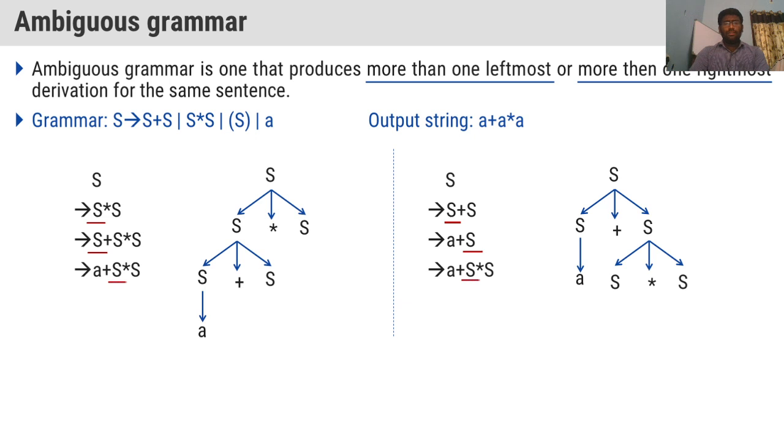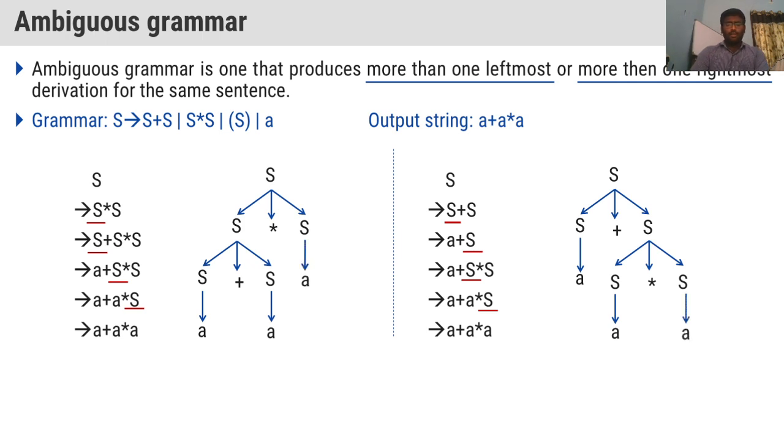We need to derive still. So again in the leftmost non-terminal I am replacing with small a in LMD1, and in LMD2 also I am replacing with small a. And again we replace the leftmost non-terminals left, small a and small a, so that I have derived the string a plus a star a.